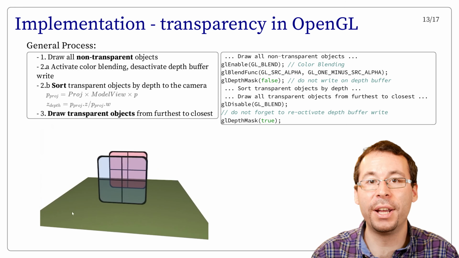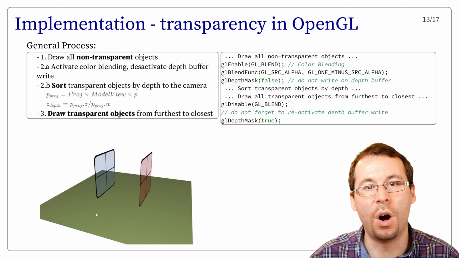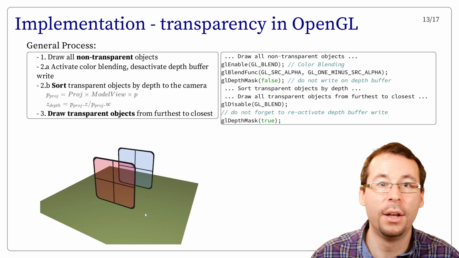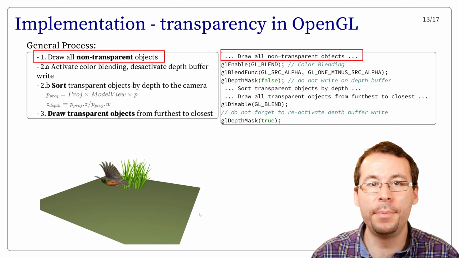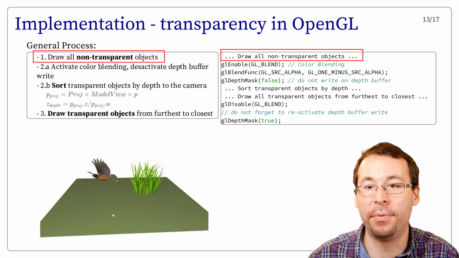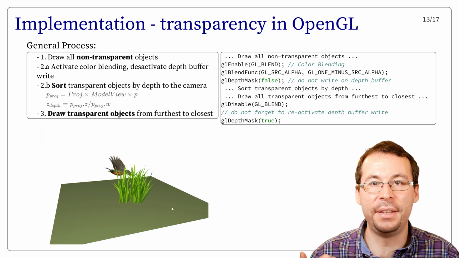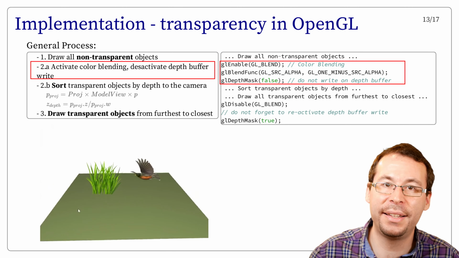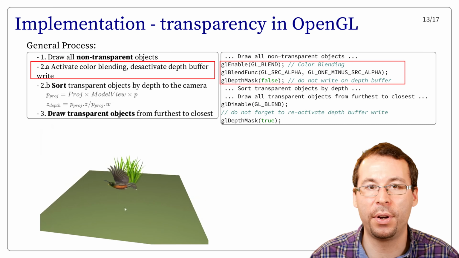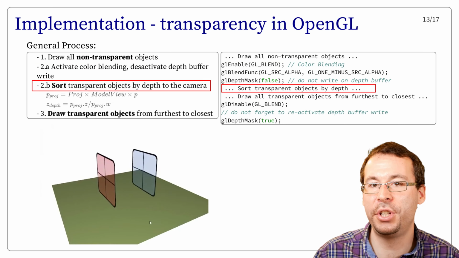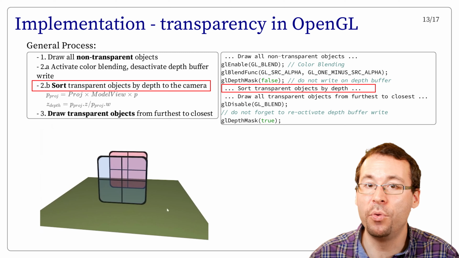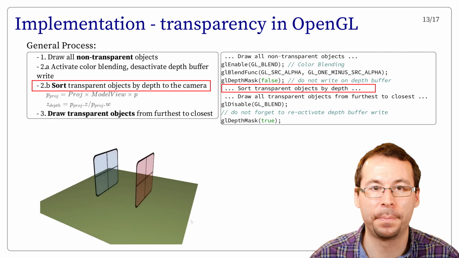And here is a summary of the general algorithm you can follow to work with transparent shapes. First, you draw all non-transparent objects using the standard depth buffer approach. Then you activate the color blending and deactivate the writing into the depth buffer. Before drawing the transparent shapes, you need to pre-sort them with respect to their depth to the camera.